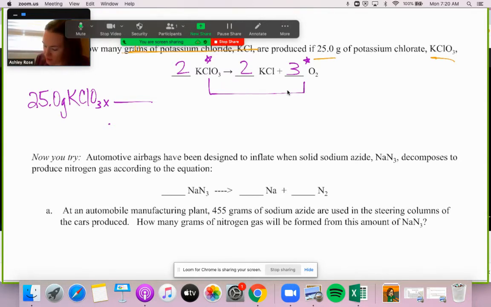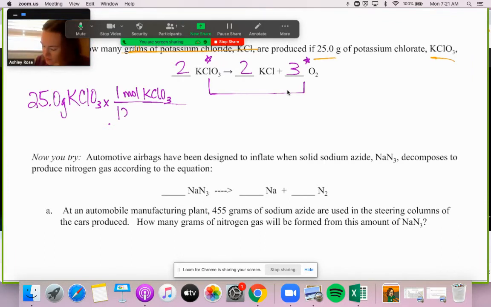So first, I'm going to convert this grams of potassium chlorate into moles. So I know that for every 1 mole of potassium chlorate, it weighs whatever its molar mass is. So potassium is 39.10 grams, chlorine is 35.45 grams, and then there's 3 oxygens that are 16 grams each.